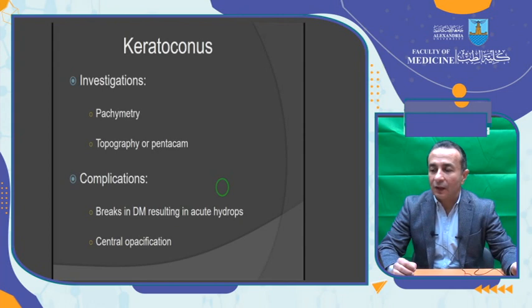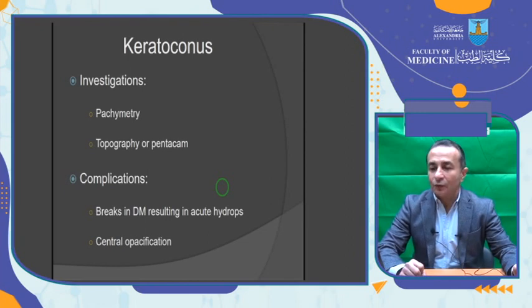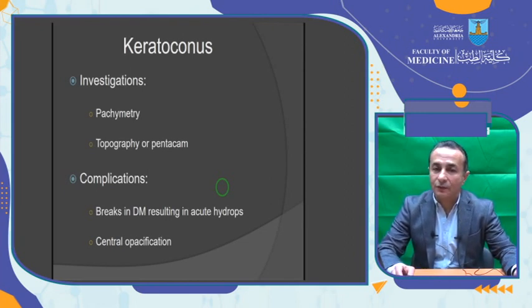Investigations are either pachymetry, which is a measurement of the corneal thickness, or topography, which is a map of the corneal curvature, or you may do a Pentacam, which is a newer tool that combines topography and pachymetry and other data to make the diagnosis of early keratoconus possible.